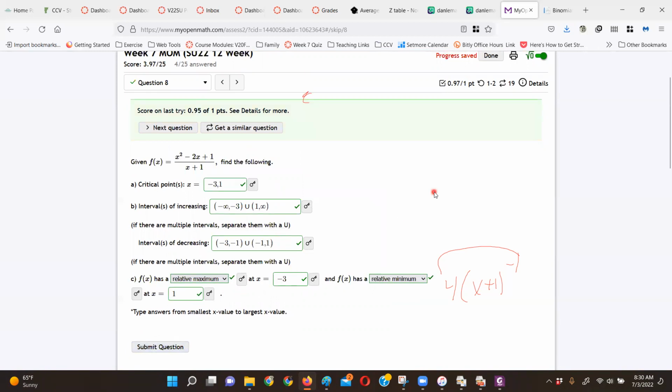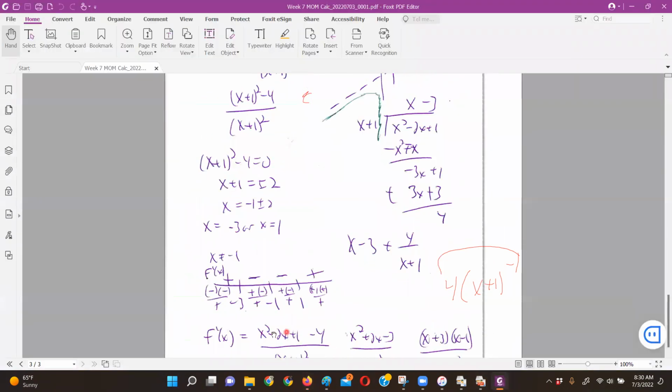Technically, they're not right. Negative 1 is a critical point, or critical value. I know it's not defined on the function, but still it's something we had to test, and it certainly helped. If I hadn't had that negative 1 on my number line, I would have just said decreasing from negative 3 to positive 1.